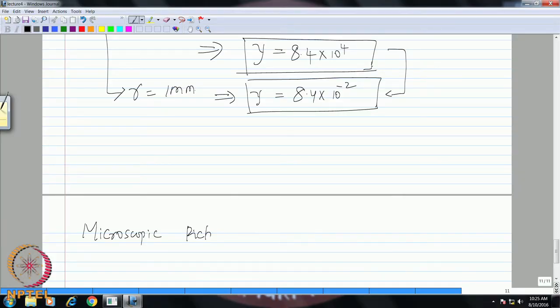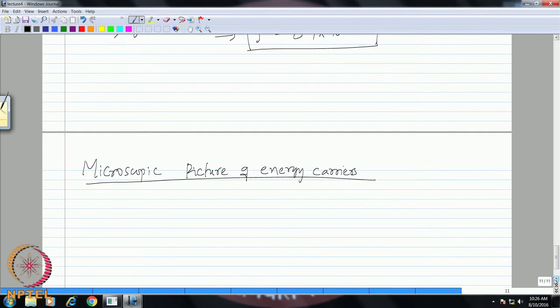So, very briefly, I will call this the microscopic picture of energy carriers. Why are we doing this?